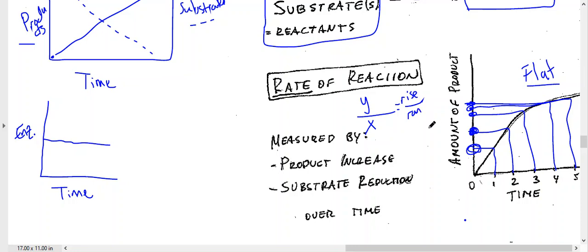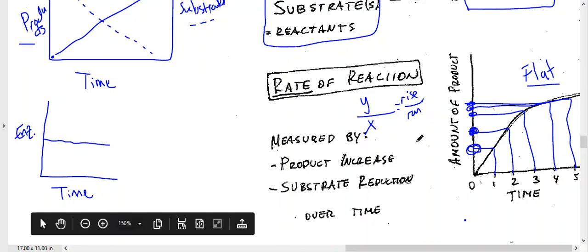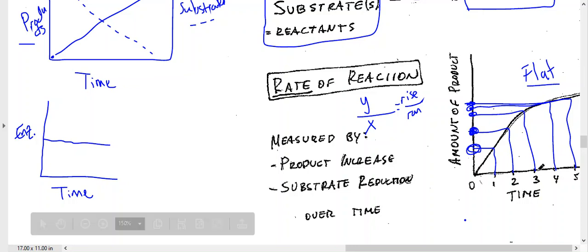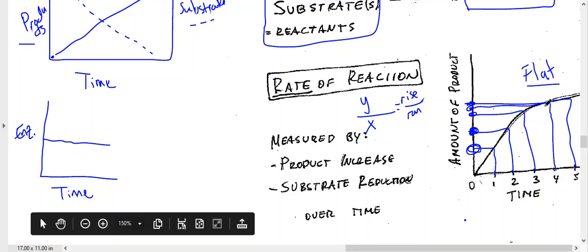And what you're going to see, and you'll see this during the lab also, is that your rate of reaction is quickest early on. It's going to be pretty quick in the first couple of minutes, and then as you use your substrates and you make your products, that reaction will slow down.